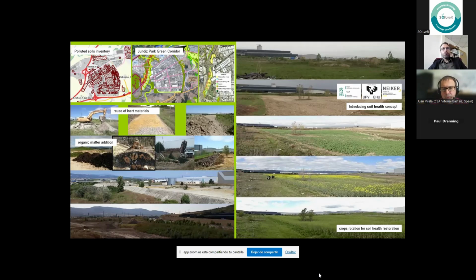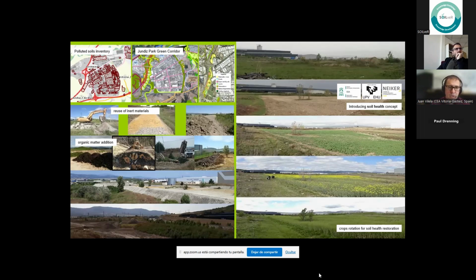It was kind of innovative by that time, and we were trying to convince the local regulators that soil health was important to be taken into account. And we started doing this first in 1 hectare. It was successful. We really could see how the soil was improving.